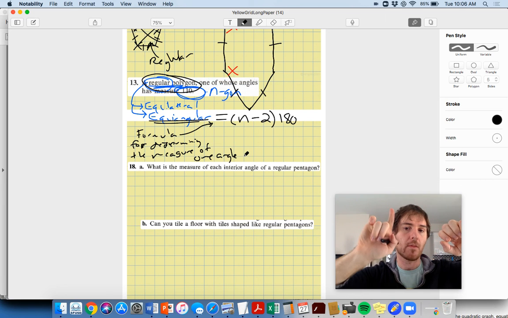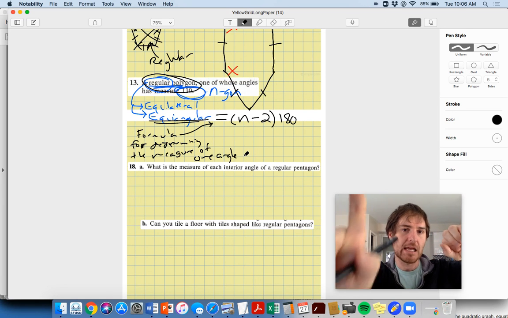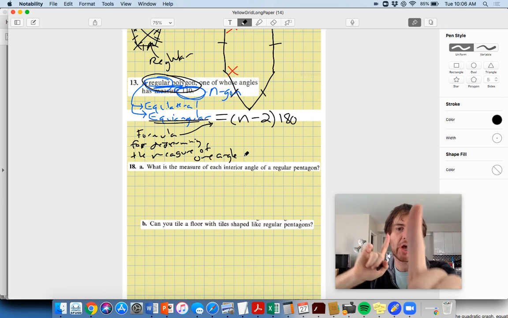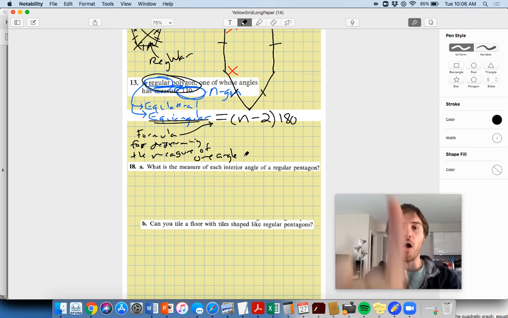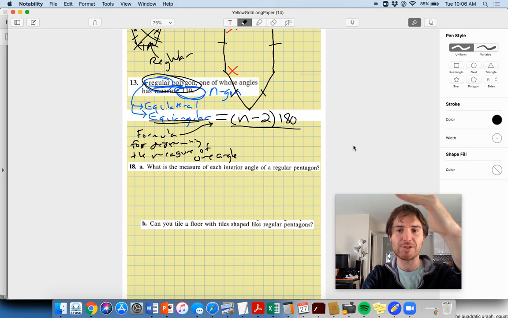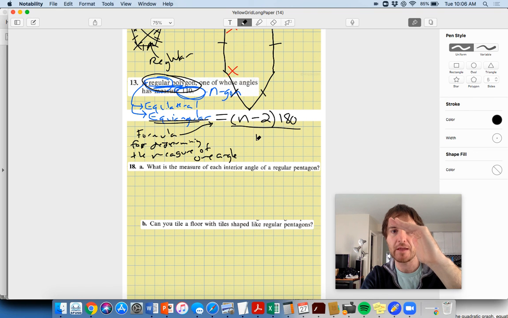But in this problem, only one of them, right? Each one measures 110. So to go from the sum of all the measures, which is (n minus 2) times 180, to what just one measure is, we need to divide that total, the sum of all measures, by the number of angles there are. So here we have a formula.